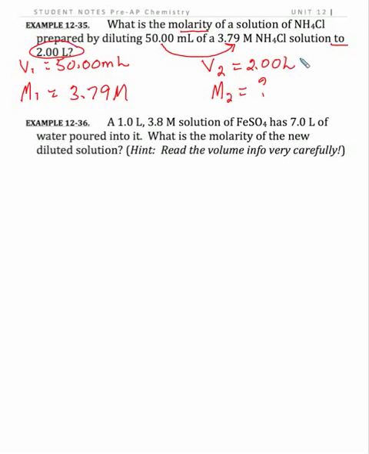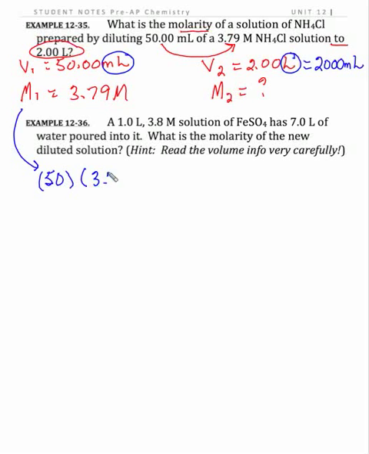Now, much like Boyle's law and Charles' law and so forth, what's important is we have the same units. So I'm going to convert that volume to 2,000 milliliters. Okay? Now, I'm running out of room, so I'm going to use up a little bit of this space here, and then I'll erase that. So to plug into voom voom, notice I added volume to volume. You've got 2 volumes, 2 molarities involved.